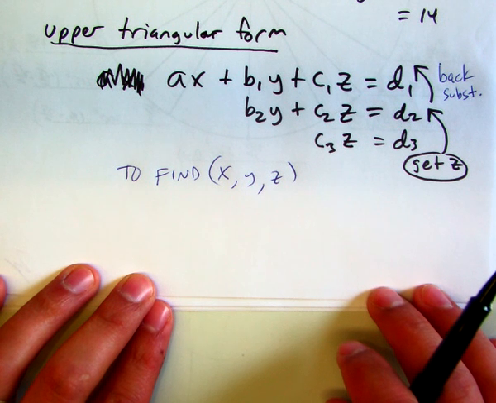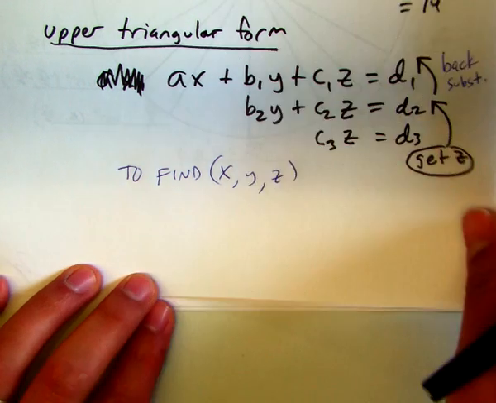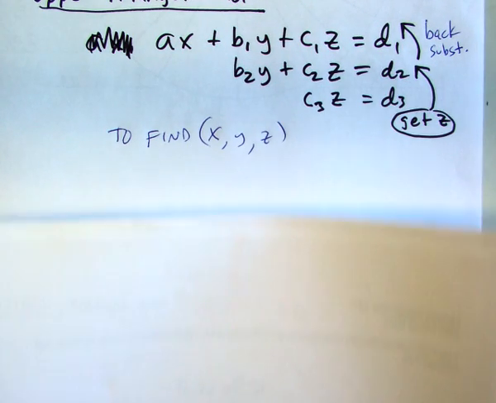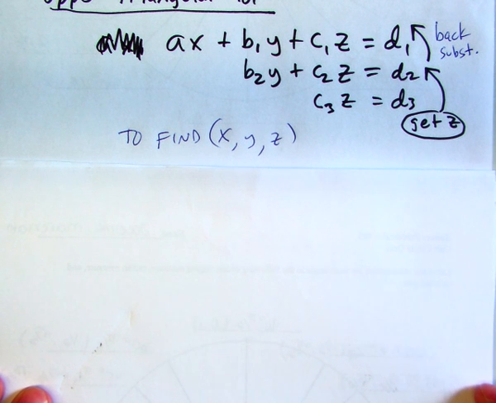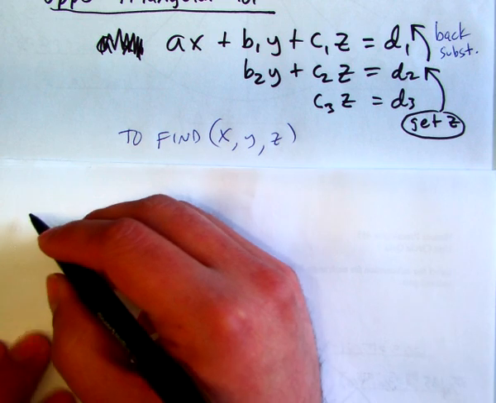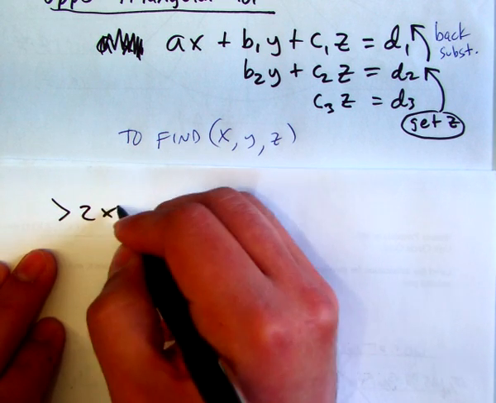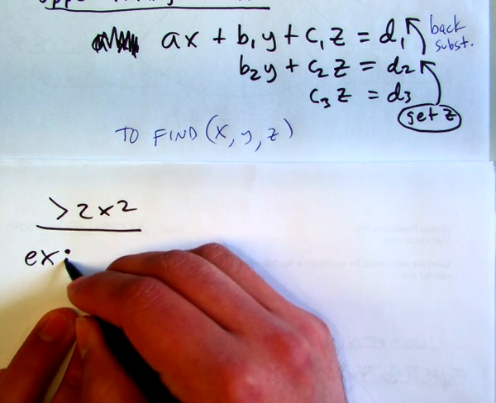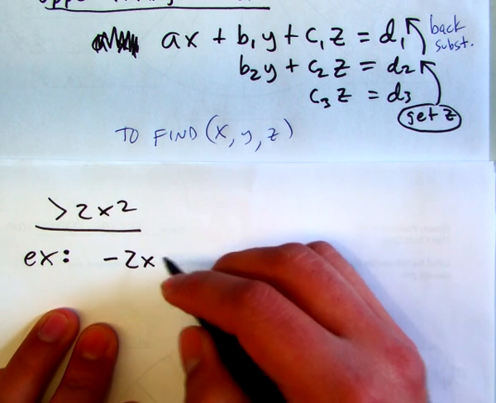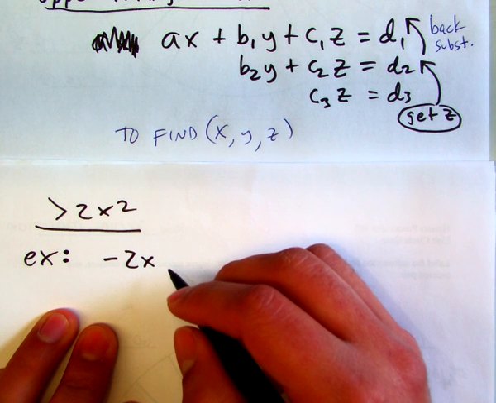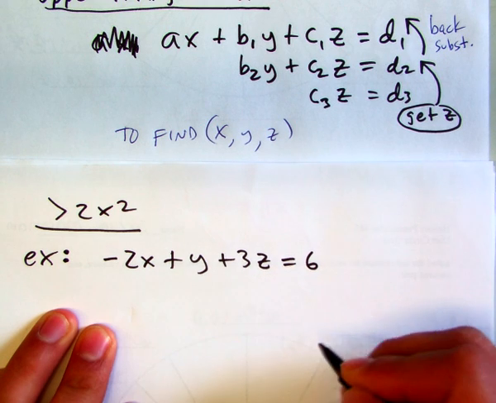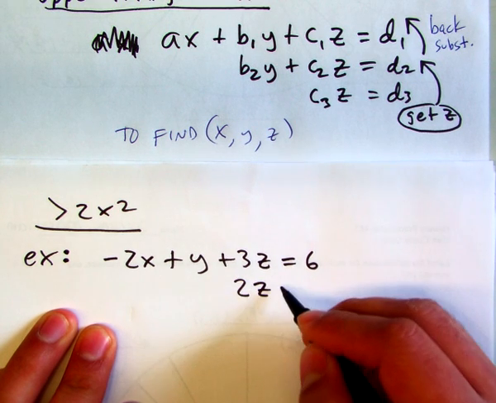Let's go to another system that's larger than a 2 by 2. So staying with the bigger than 2 by 2, let's say we have negative 2x plus y plus 3z equals 6, and then 2z equals 10.